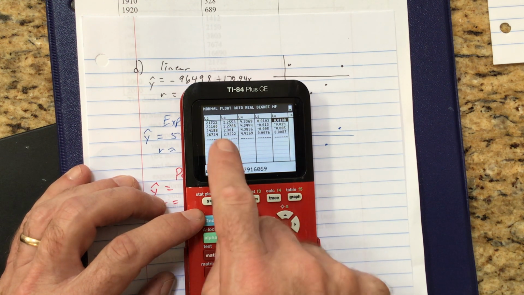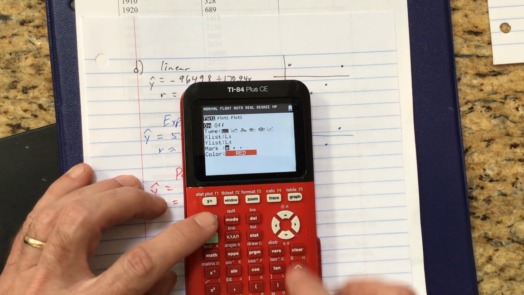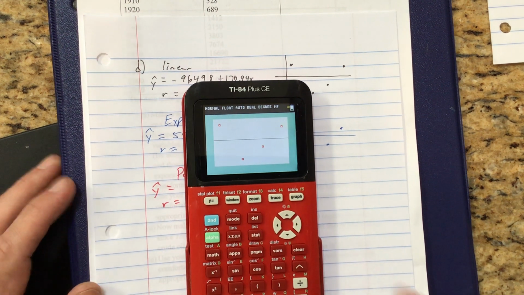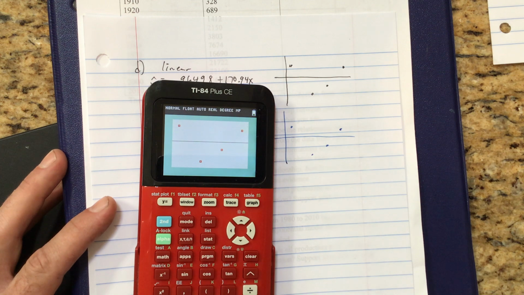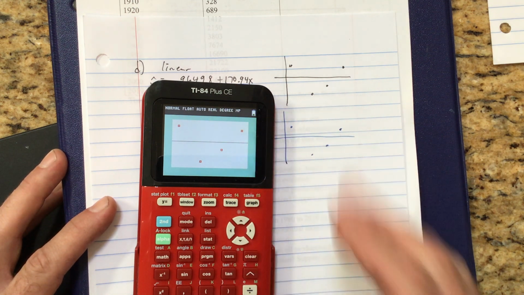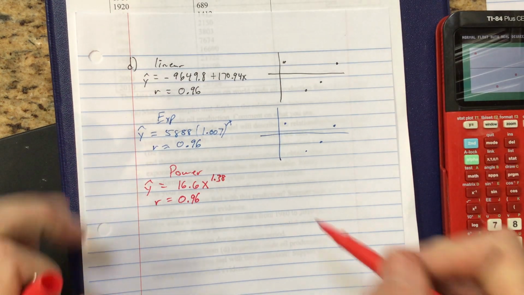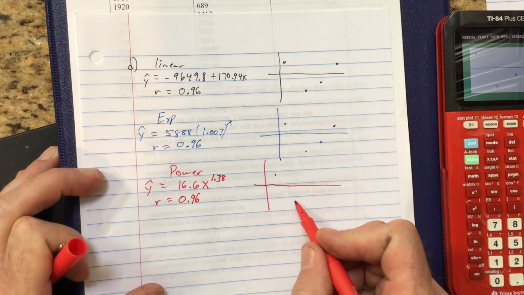Okay, log of x is list 3, so list 3, list 6. And lo and behold, again, remember that line was pretty indistinguishable from the other two, and the residual plot also indistinguishable. So they all are the same.